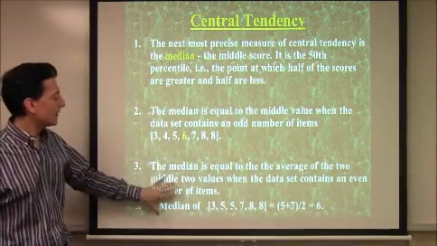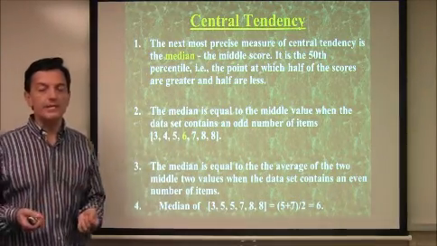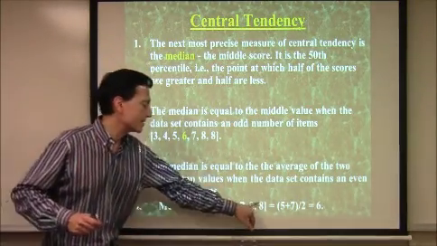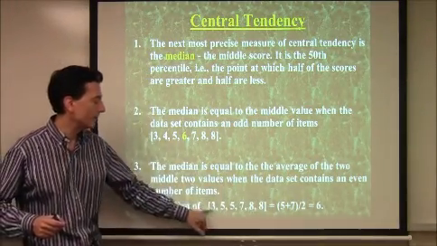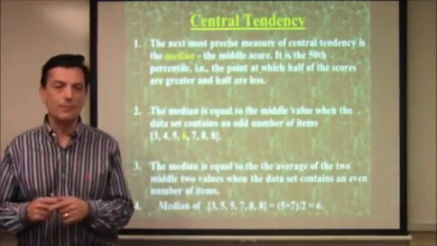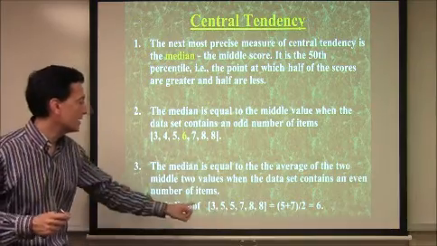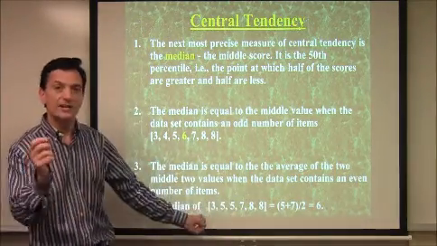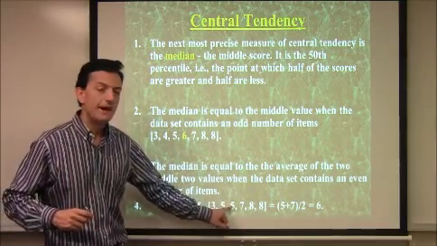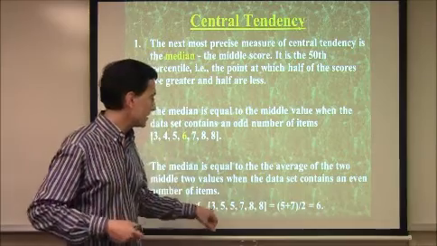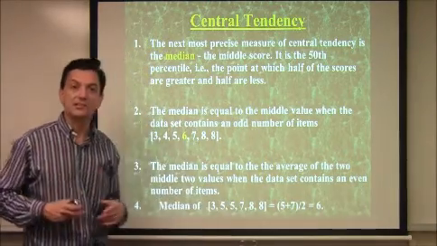Okay, then we might also look at the case of determining the median when we have an even number of scores in our set, and that's shown here by example. In this particular case, we have 1, 2, 3, 4, 5, 6 items, and so we might say that the centralmost items are the third and fourth items. In this particular data set, you might be able to see on your PowerPoint slide that we have the values of 5 and 7 as the centralmost items in the 6-item data set, and 6 is an even number.